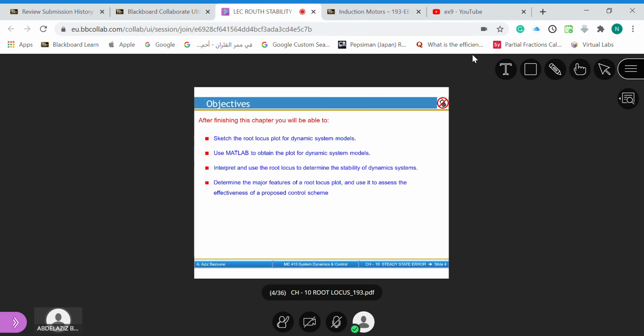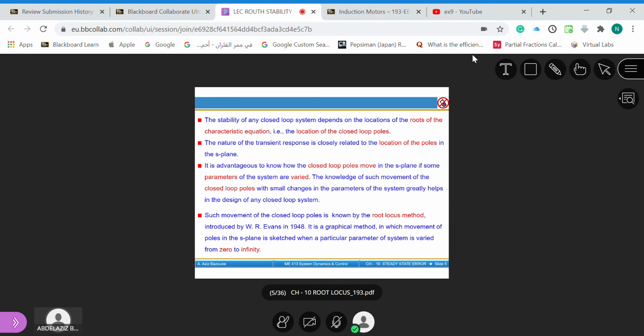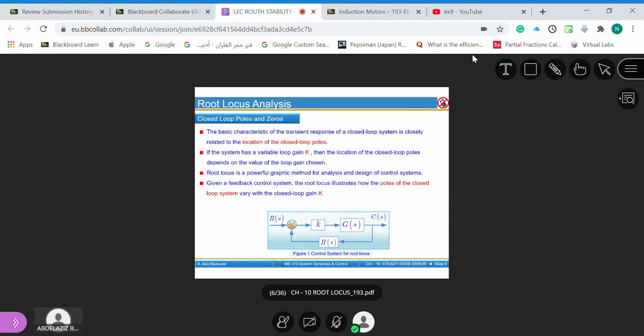For example, here we have the S-plane, with the real part and the imaginary part, and the poles can do this. If they are moving like this, the system will be stable. We will have a full picture of the roots, how they are moving, which is the last topic we are going to cover in this course.